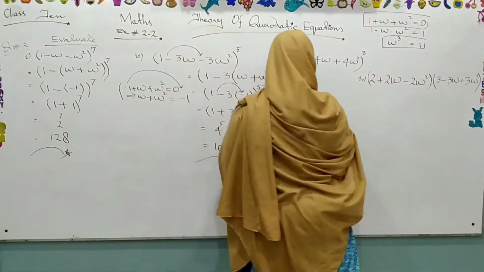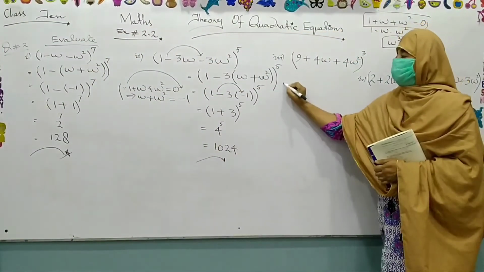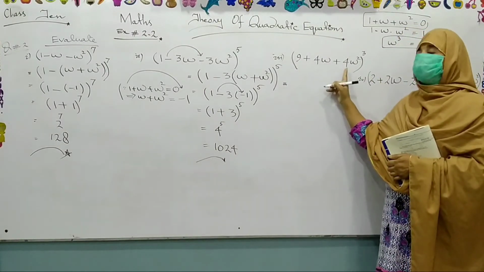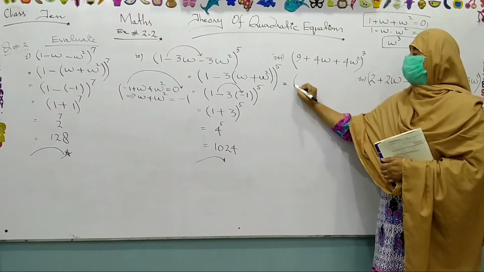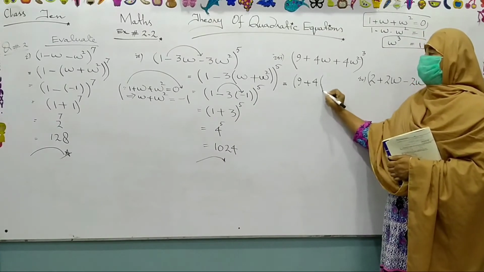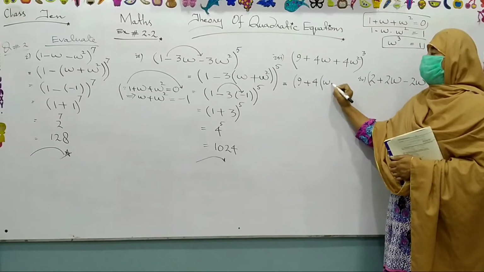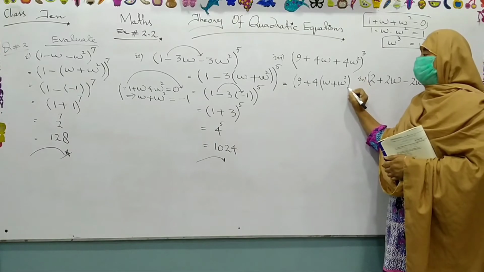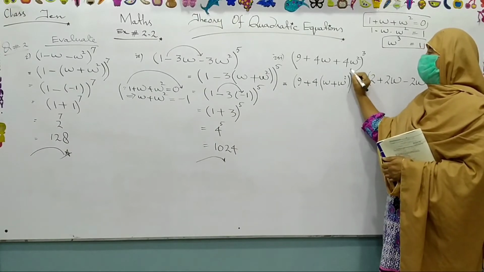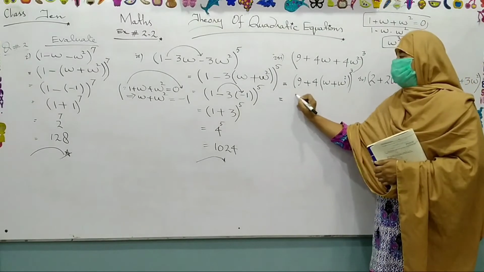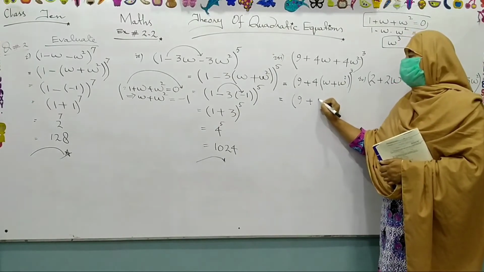Now, in our next question, students, what will be my first step? Can I take common 4? Yeah, I will write 9 plus 4. I can take common. What will be inside? It is omega plus omega square. First of all, I will close it and then this bracket whole raised to power 3. Now students, what is it? This is 9 plus 4.